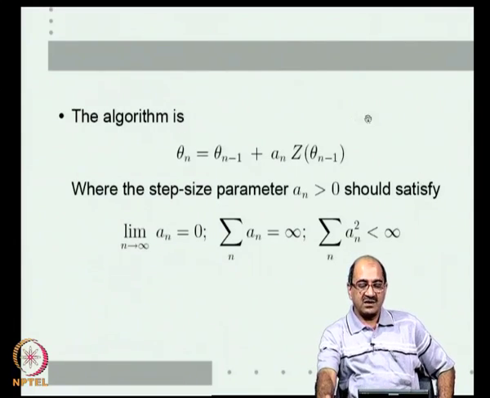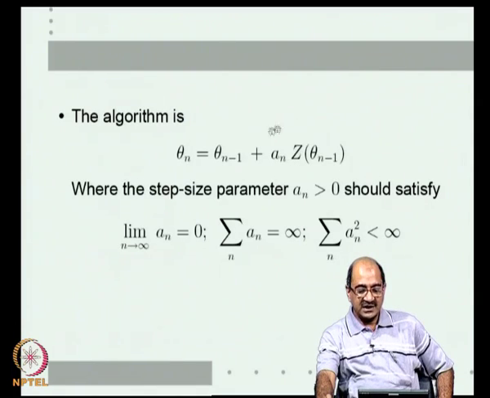There are no such absorbing states for the algorithm, because z is stochastic. So, a n has to go to 0, but it cannot go to 0 too slowly. Essentially, we want a n to go to 0 slowly, so that sufficient averaging takes place, but not so slowly that the algorithm does not converge.